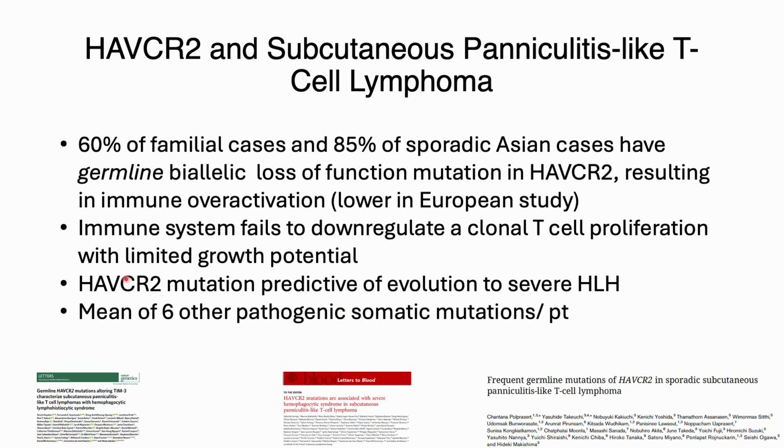So even if you do sequencing, you don't pick up HAVCR2 germline, if there are other pathogenic mutations, it can help you get to a diagnosis of subcutaneous panniculitis like T-cell lymphoma.